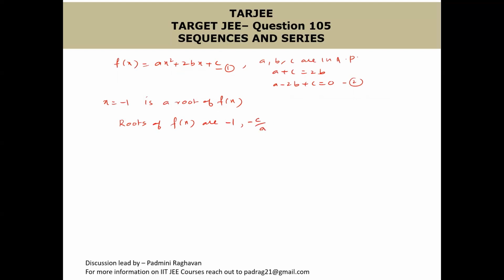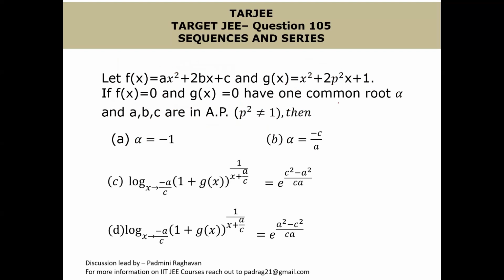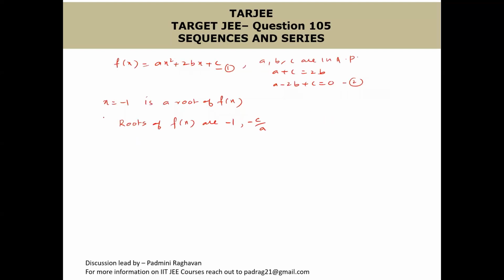Now we are given x² + 2p²x + 1. Let's write g(x). g(x) = x² + 2p²x + 1. Let x = −1 be a common root. Then g(−1) = 1 − 2p² + 1 = 0, so 2p² = 2, p² = 1.